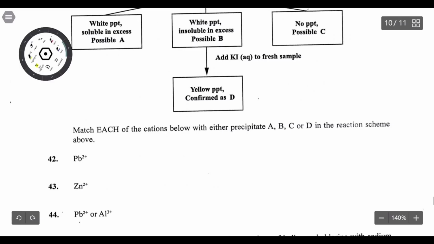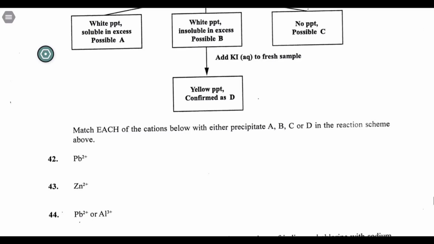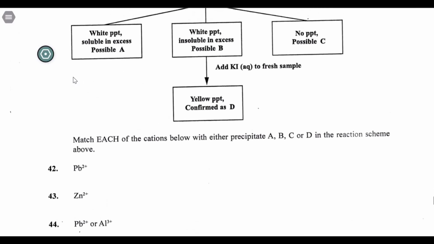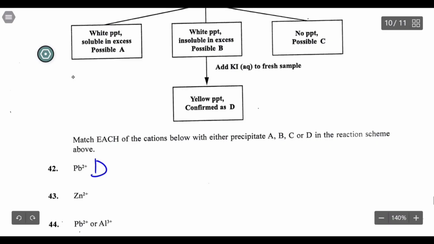Okay, so this requires us to match each of the cations below with their precipitate A, B, C, or D in the reaction scheme that is located above. Now first, they want us to locate the lead 2+ ions, and the confirmation for the lead 2+ ion would be D, because here we have a white precipitate forming, insoluble in excess.